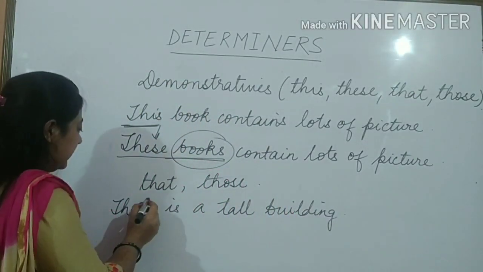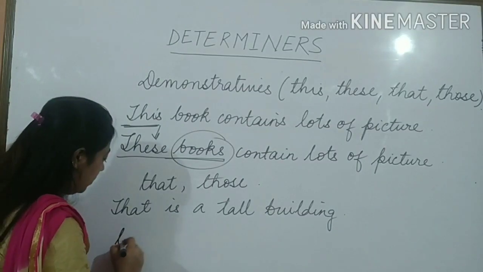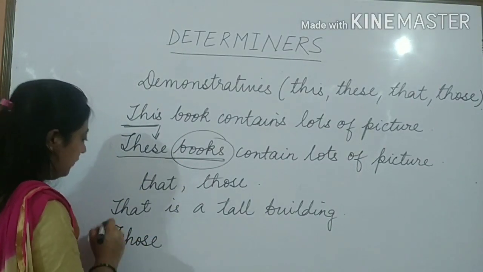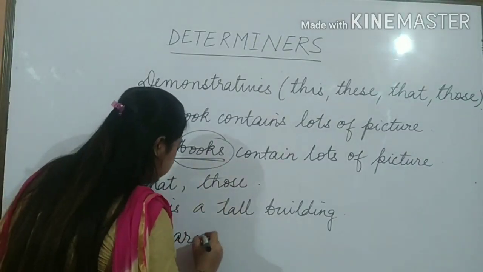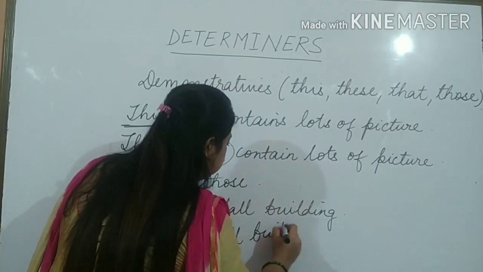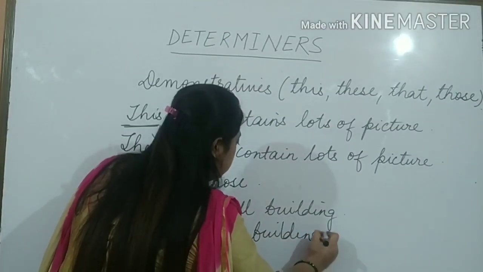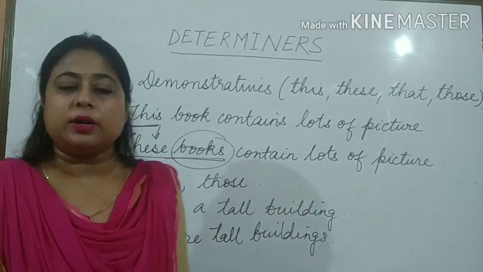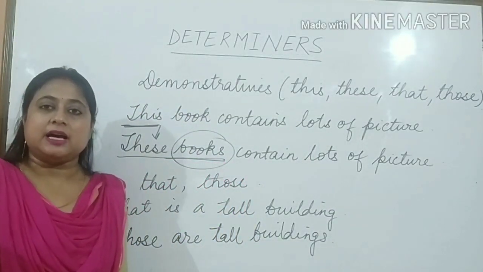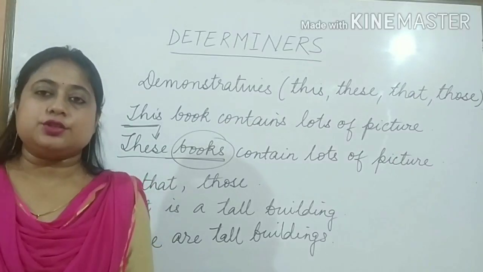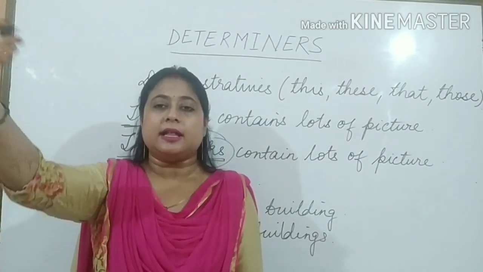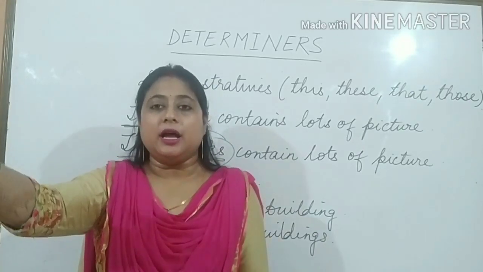Okay? And when that is used in plural sense, we use those. For example, those are tall buildings. So, it is used in plural sense. Or if I say, those boys are sitting behind, I am talking about the students who are at a distance, sitting far away, and they are in plural number. So, that will change into those.